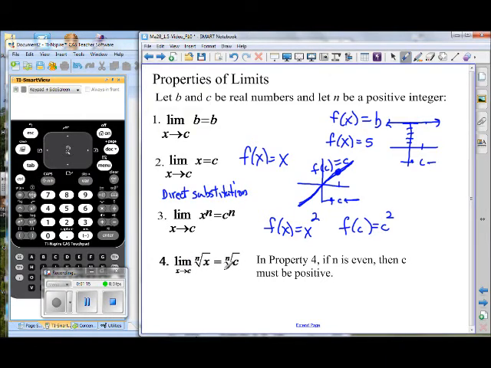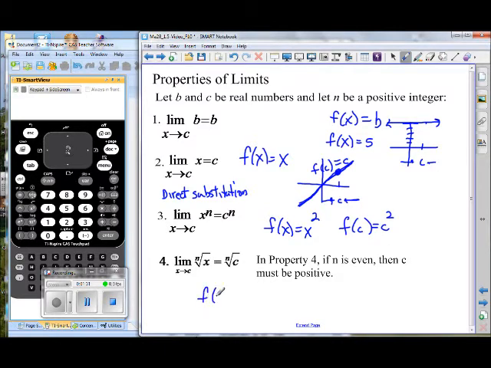Now, this one is very much like the others, except we have to be extremely careful that if the root index n is even, then we must have a radicand that is positive.